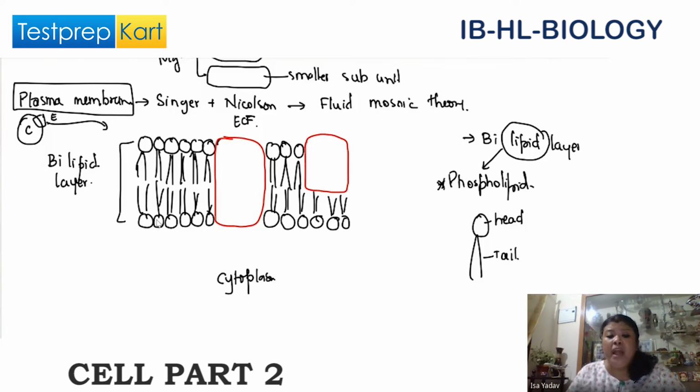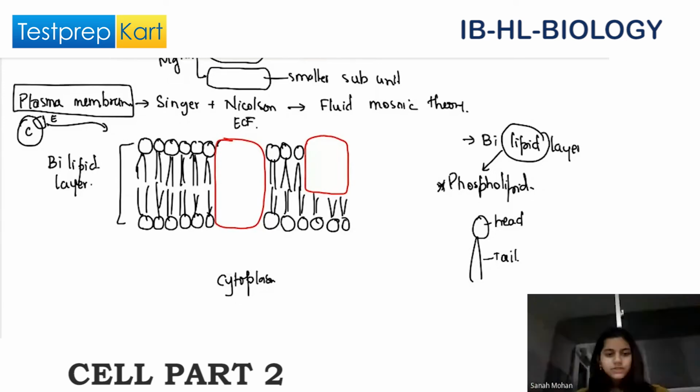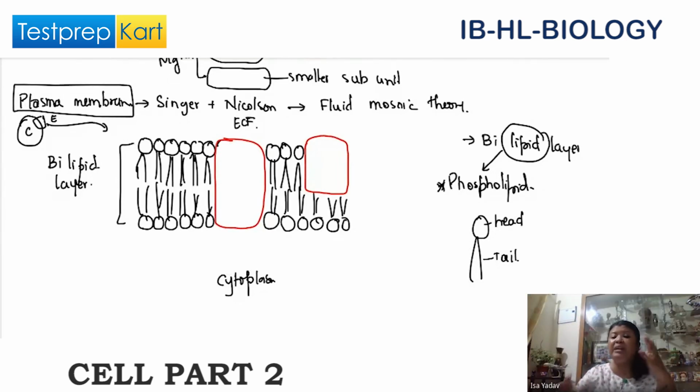This is the head of the lipid. Where is it facing, towards the outside or inside? Outside. What is there outside, extracellular fluid or cytoplasm? Is water present there? Yes, water is present there.